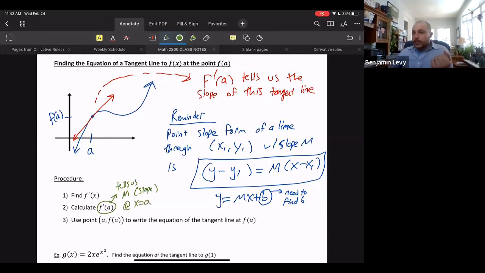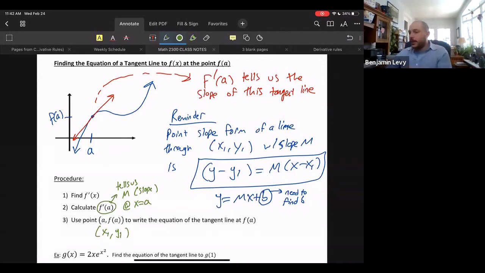Okay? And then we need a point. And the point we're going to use is the value we're given, a, and then f of a, right? This is going to be our x1, y1 that's going to go into the formula.